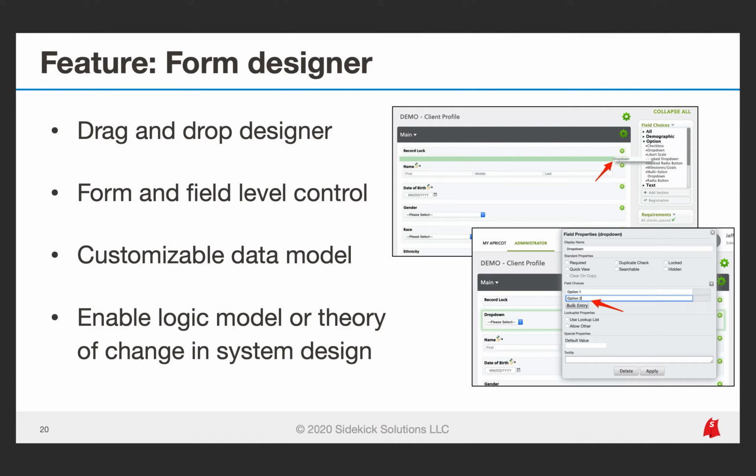This is not a feature that every client case management software gives you. Out of the box, Apricot lets you design your data model, and as your data model evolves, you have full control over updates and changes to that model. This is an incredibly powerful feature in Apricot 360.